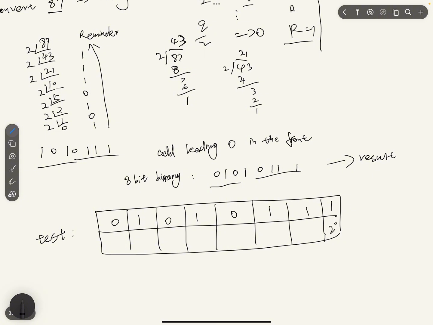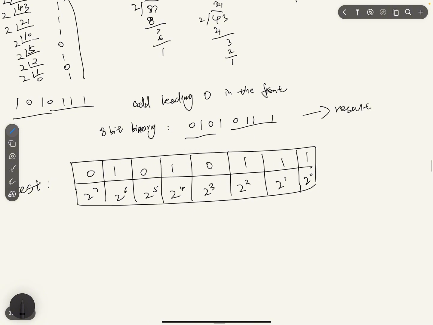This one will have the weight 2 to the 0, 2 to the 1, 2 to the 2, 2 to the 3, 2 to the 4, 2 to the 5, 2 to the 6, 2 to the 7. Same thing, we only care about the ones. We don't care about the 0s. So we will have 1 times 2 to the 6 plus 1 times 2 to the 4 plus 1 times 2 to the 2 plus 1 times 2 to the 1 plus 1 times 2 to the 0.